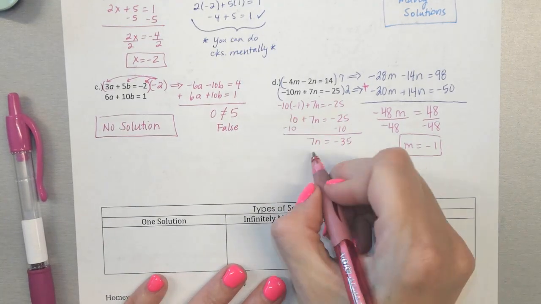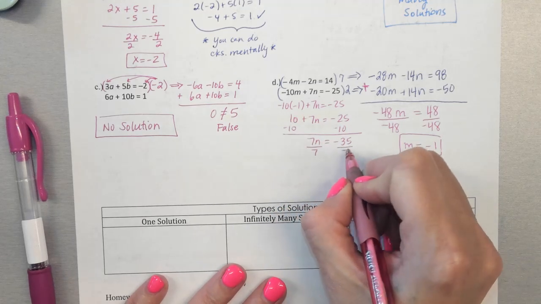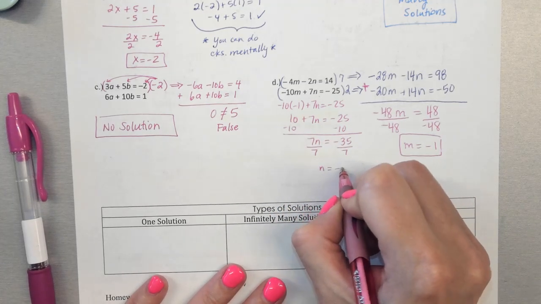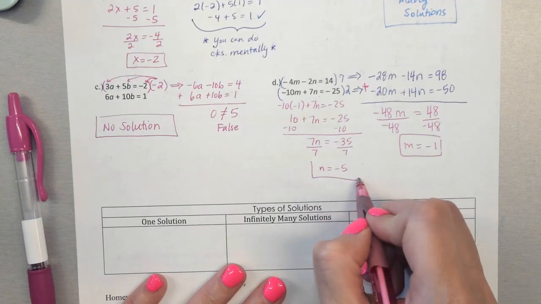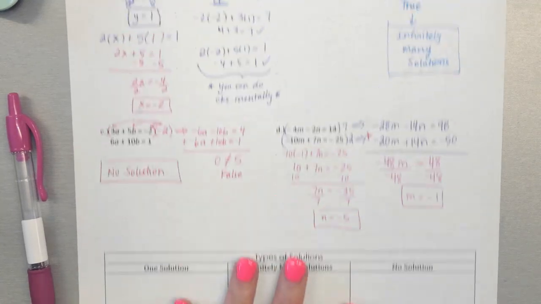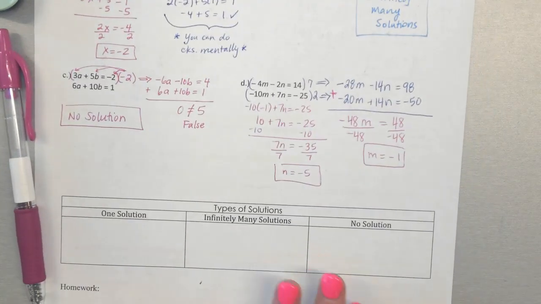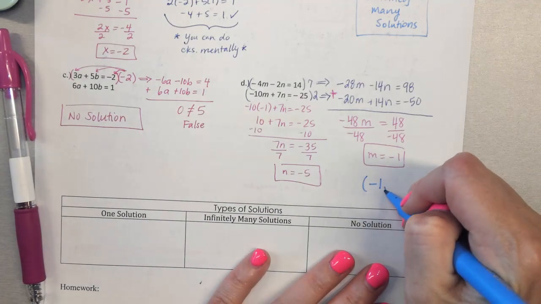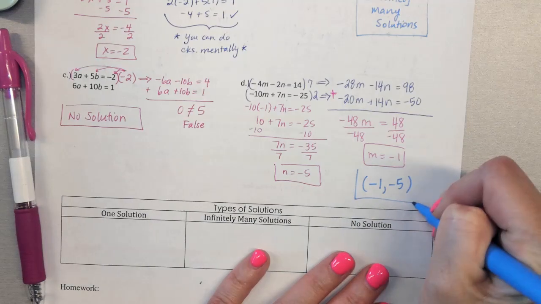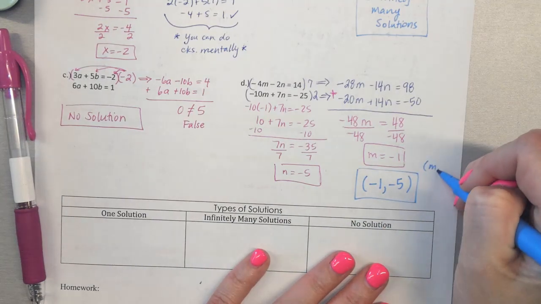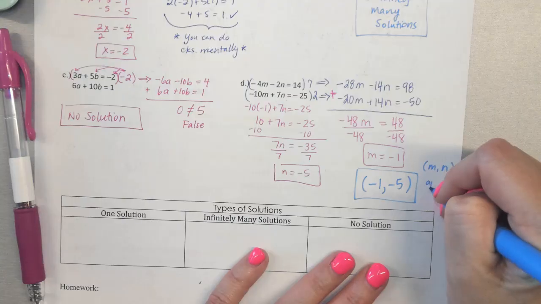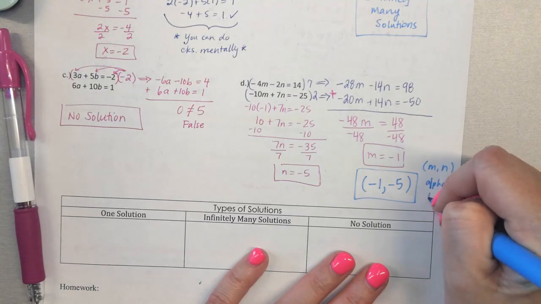And I am going to divide by 7. So a negative divided by a positive is going to be a negative. And again, just like we did with x and y, we're going to write this as a point. It's always going to be in alphabetical order. Okay, so this is MN.